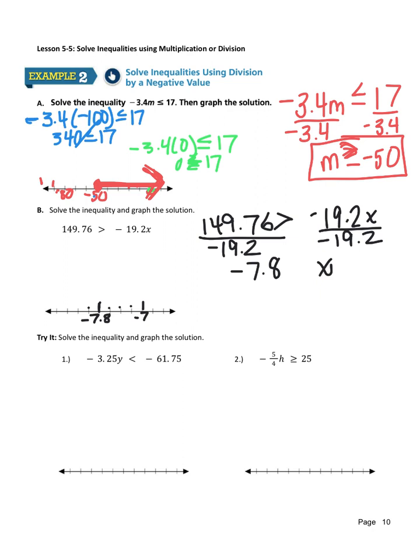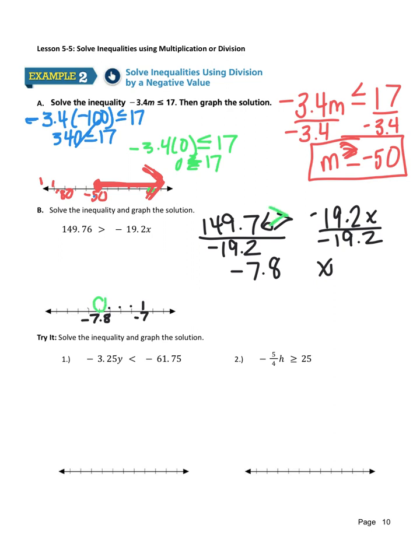Let me try a number on the left of negative 7.8, my solution, which by the way is an open circle because there's no line under the symbol, so it's just the symbol.